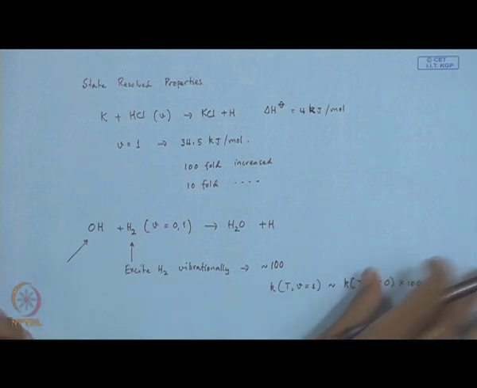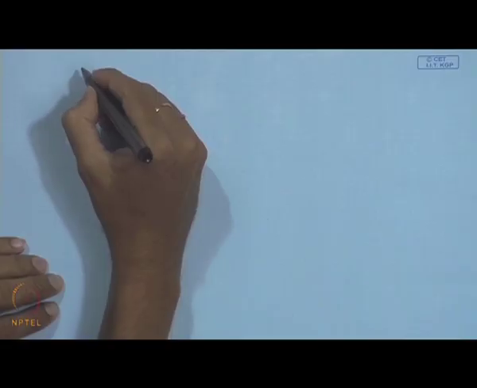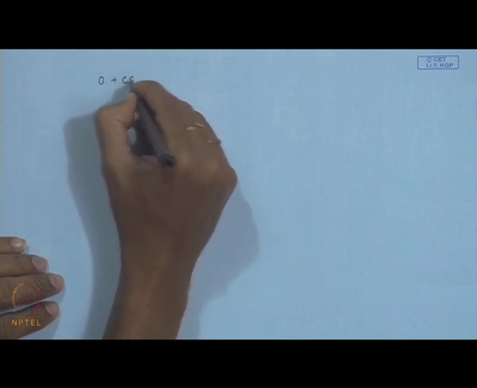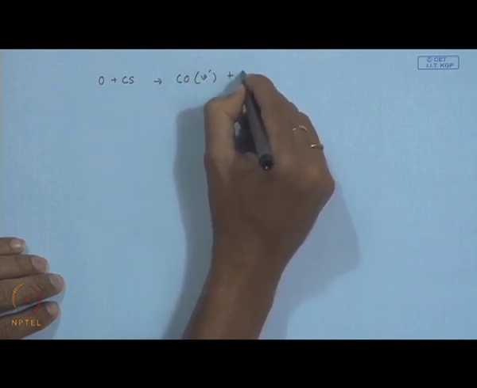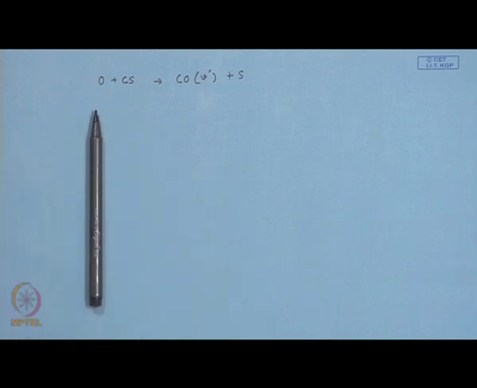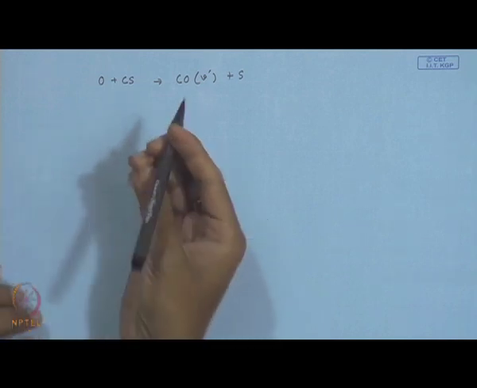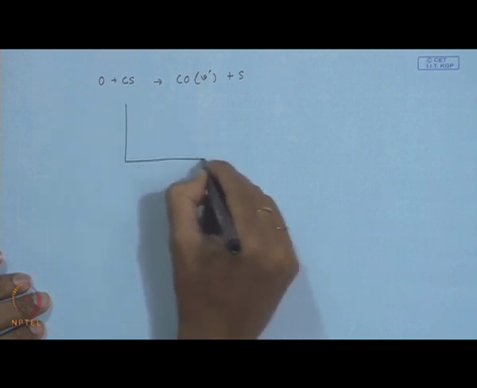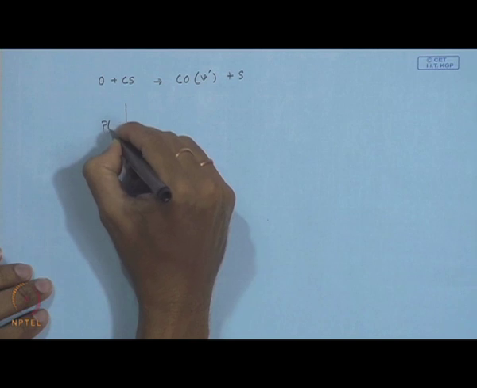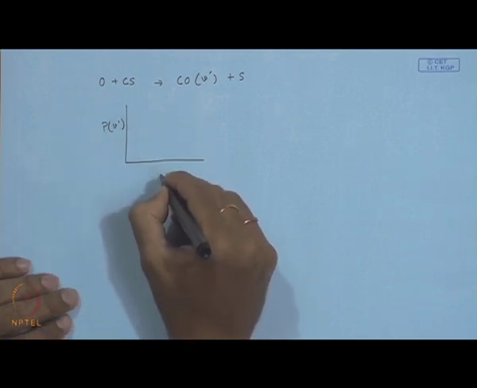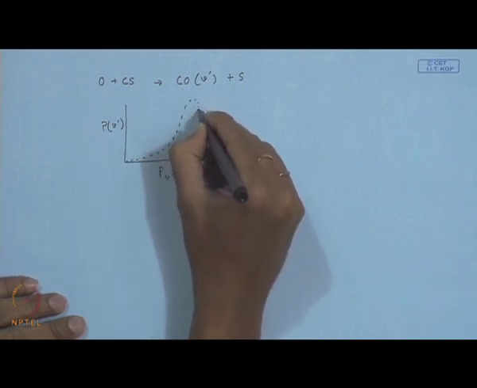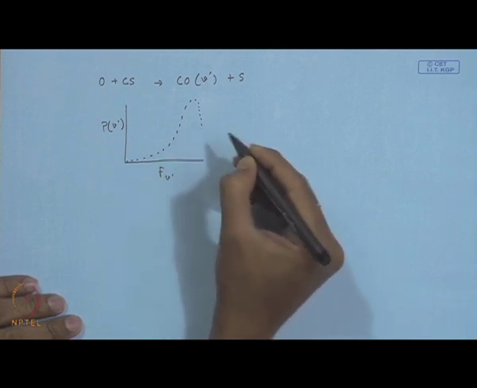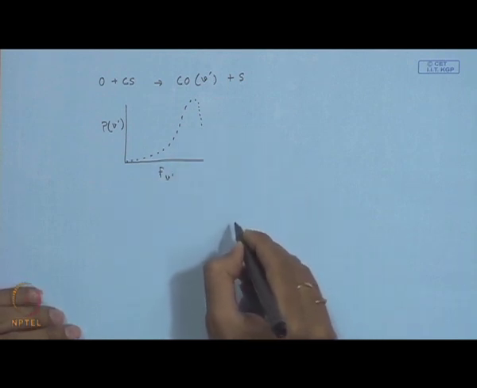Now think about another example, O plus CS giving rise to CO in different vibrational levels, plus S. And if you plot probability against V prime, then maybe it maximizes at some higher value.